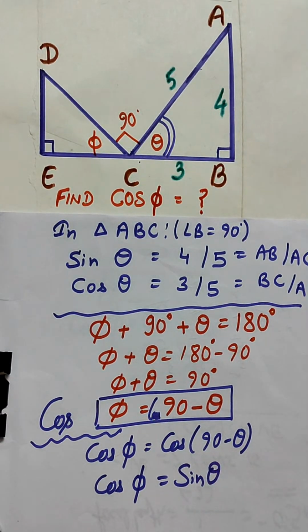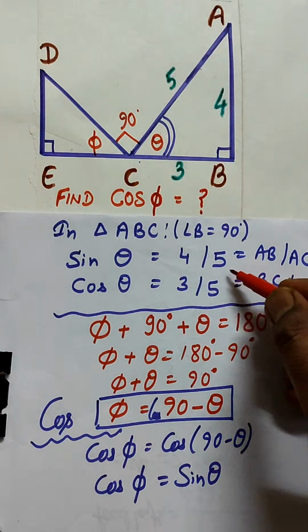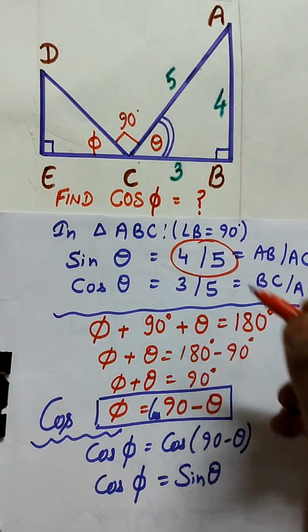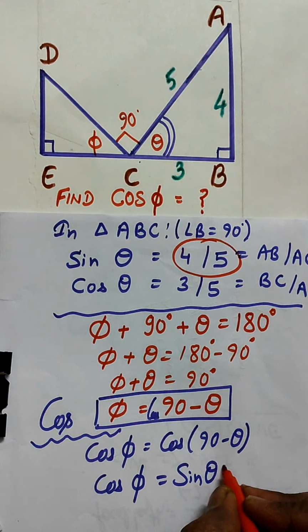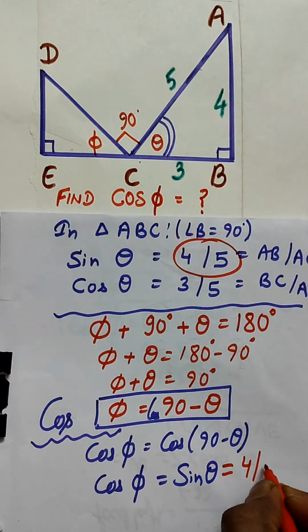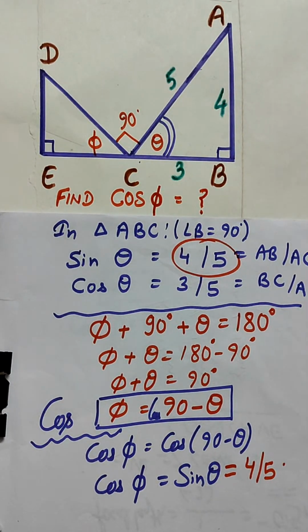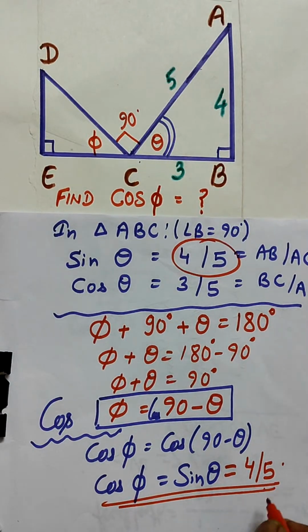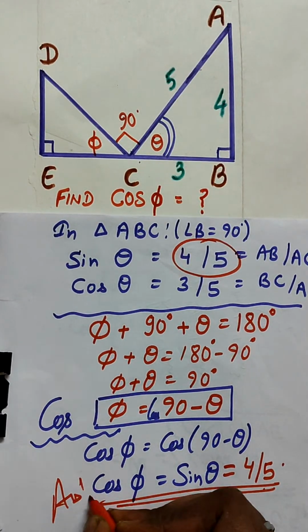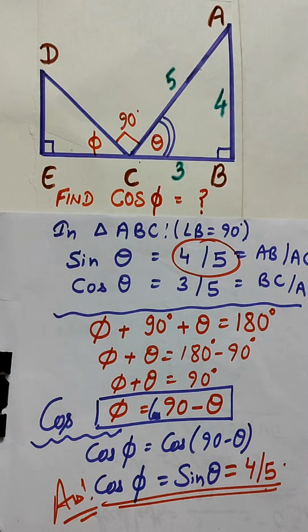The value of sin theta you have already calculated, it's 4 by 5. So the value of cos phi is 4 by 5, which is your answer. I hope you like the solution.